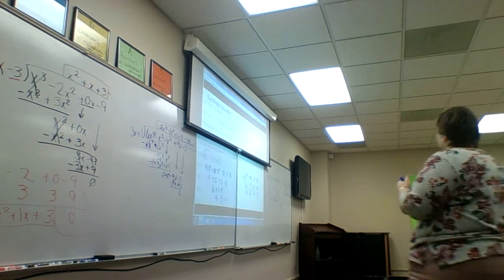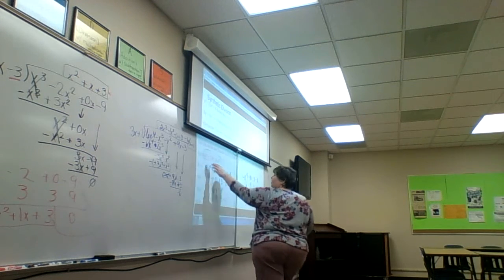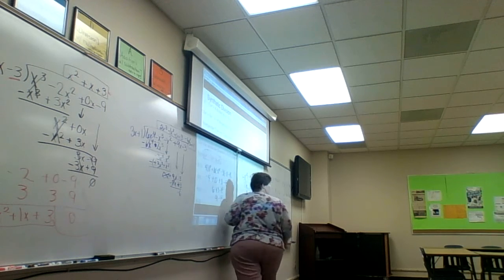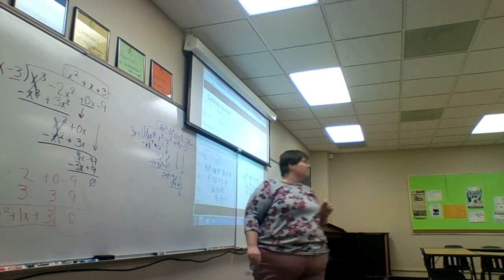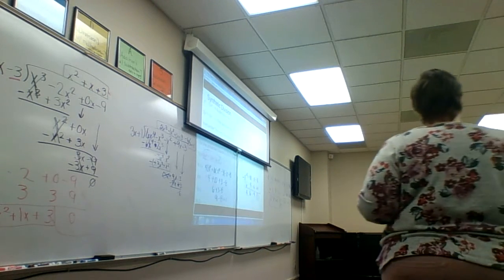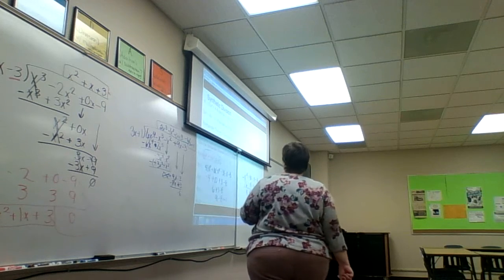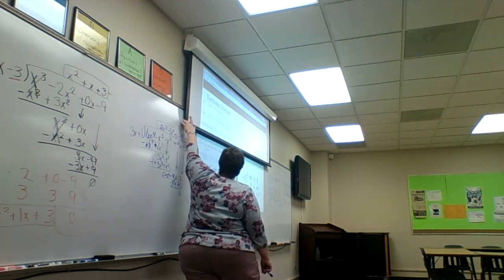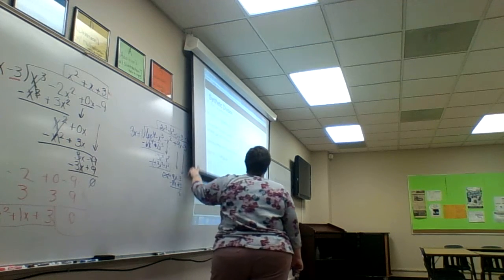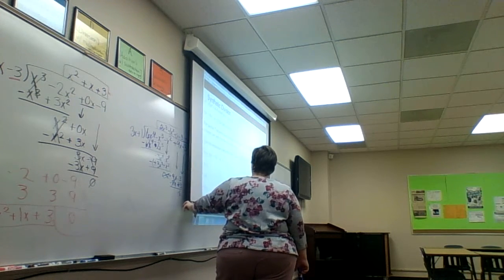You're trying to find out what your answer is for the function of negative 1. Your answer is 1. So it's using the remainder theorem, like plugging it in. So your point would be negative 1, 1. Yes, you're correct. So that's how you use the remainder theorem, finding a point on a grid.